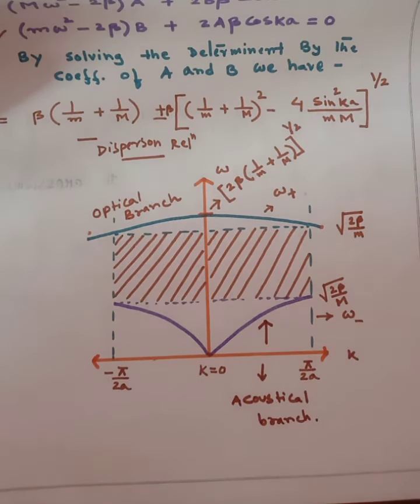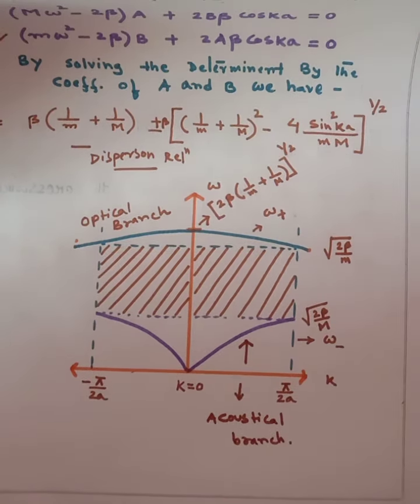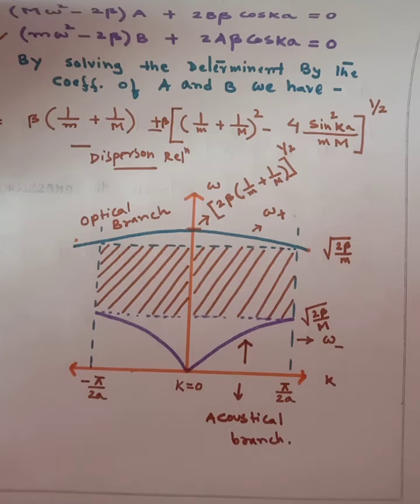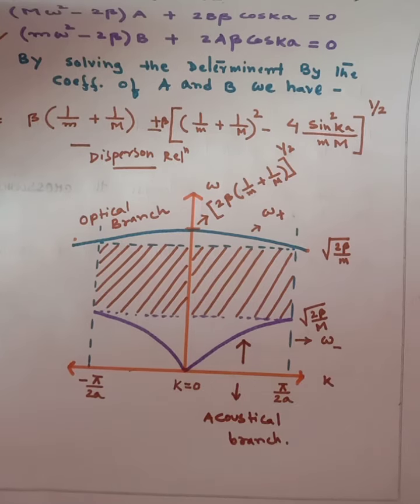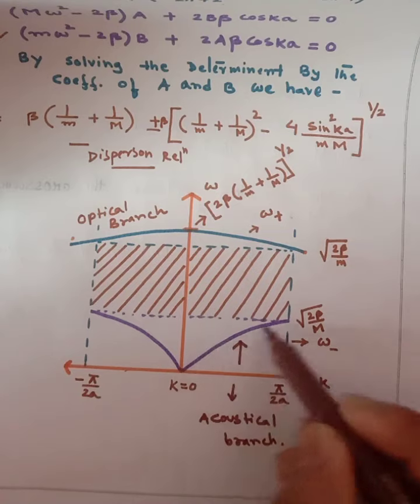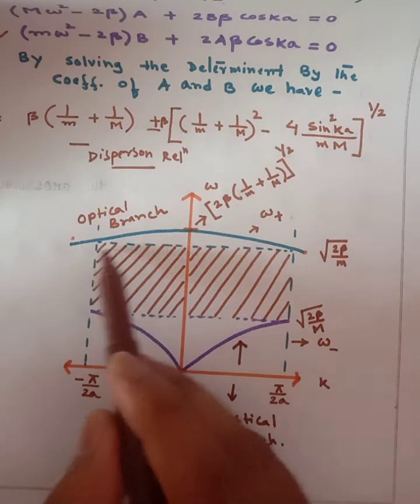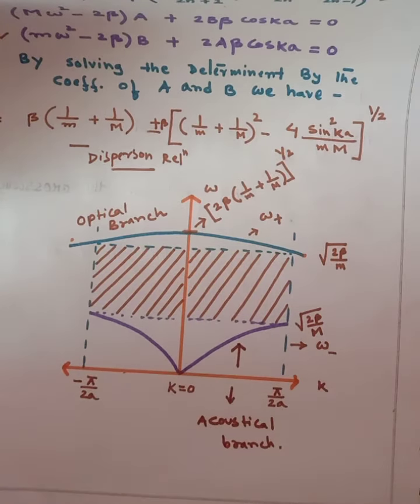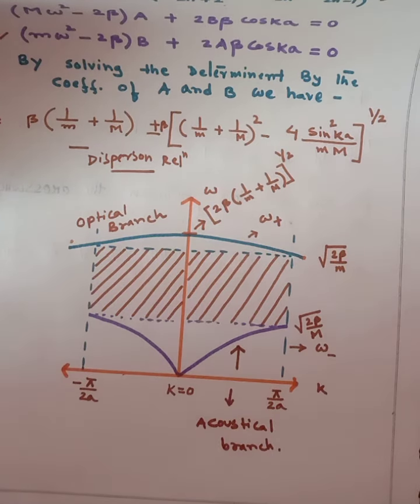If you have studied monatomic lattice vibration, you are well familiar with this acoustical branch, but the optical branch is newly introduced in the dispersion relation of a diatomic lattice.